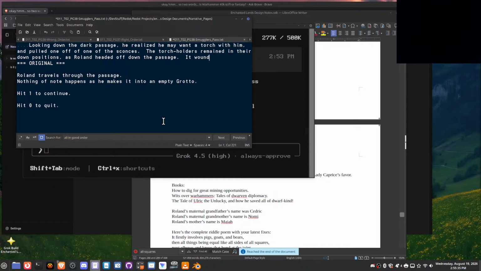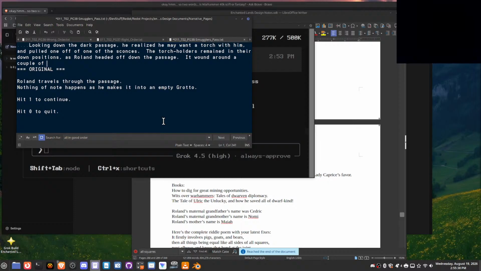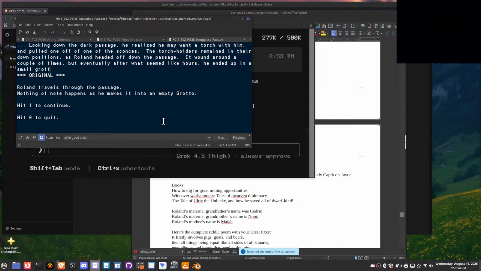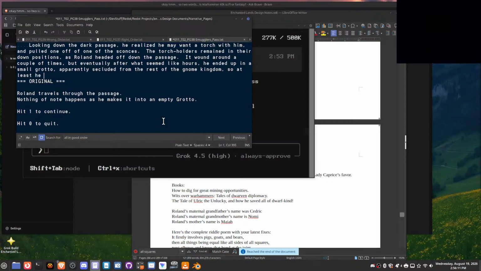It wound around a couple of times, but eventually, after what seemed like hours, he ended up in a small grotto, apparently secluded from the rest of the mine, so at least he wouldn't get any surprises.